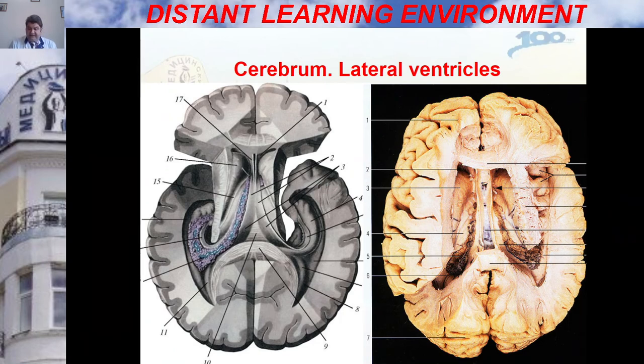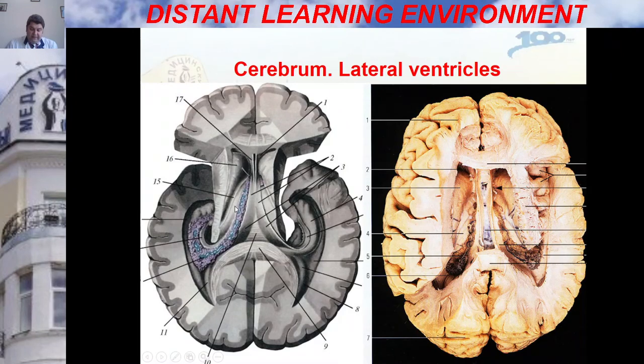The cavity of each lateral ventricle corresponds to the shape of the hemisphere. It begins in the frontal lobe as the anterior horn. You may see the frontal lobe and anterior horn, curving downward and laterally, then its central part. The central part stretches through the parietal lobe.